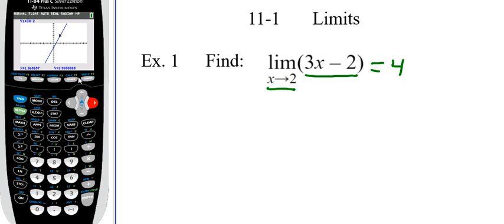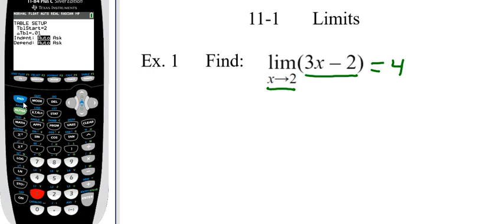Here's how we can find a limit with a table of values. Well, you might know this, but above your window key up here, there's a menu that says Table Set. If you go to Table Set, let's start our table at 2 because that's where we're approaching. And the next thing we can type in here, the change of table, let's make that 0.01. I mean, our table is going to go up and down by 0.01.